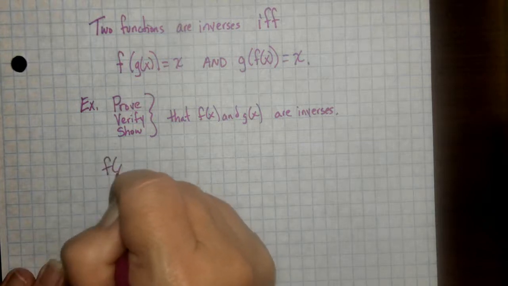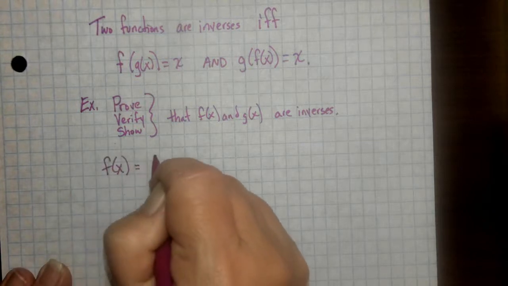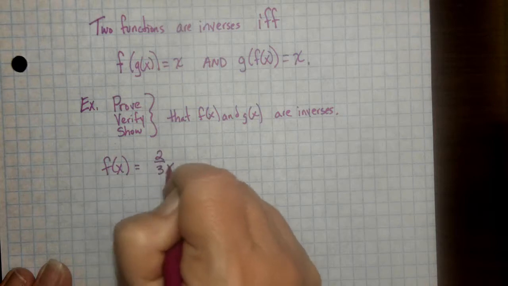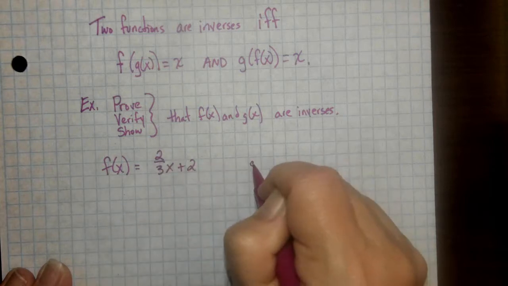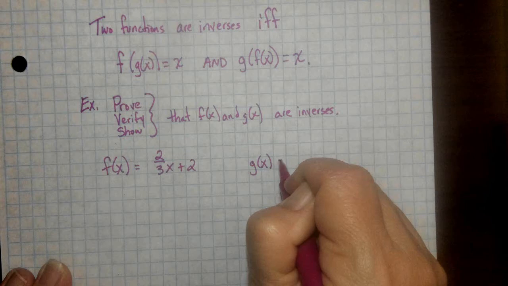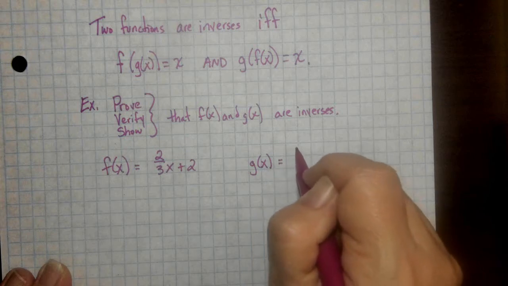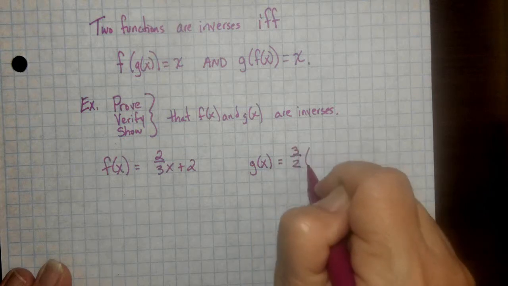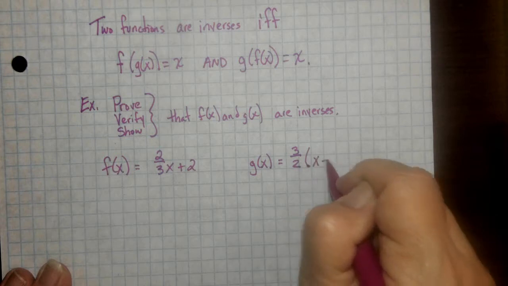So f of x is equal to 2/3 x plus 2. G of x is equal to 3/2 times (x minus 2).